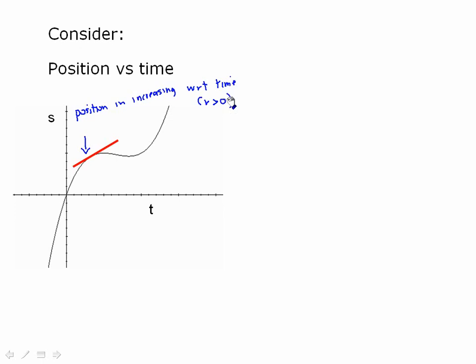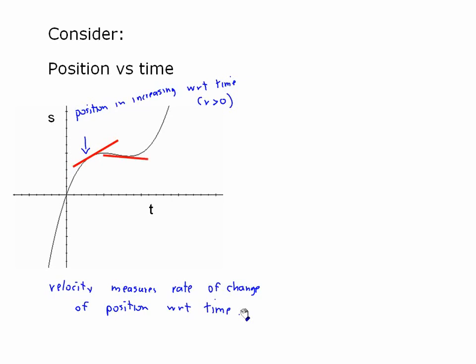So its velocity is going to be greater than 0 because v measures the rate of change of position with respect to time. So that's the idea. So if the slope of the tangent line is positive, it means the velocity is positive.